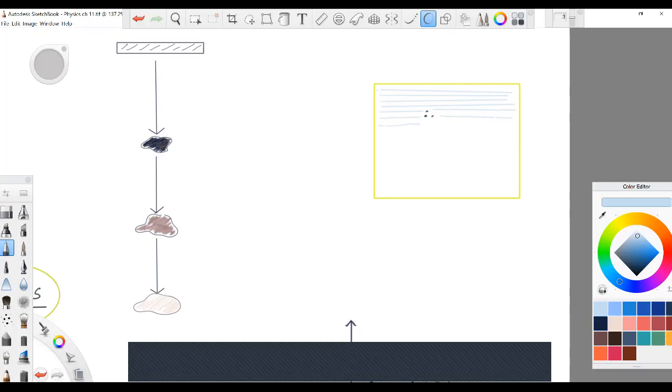And what would happen is, over dozens of lines, an image would start to form.